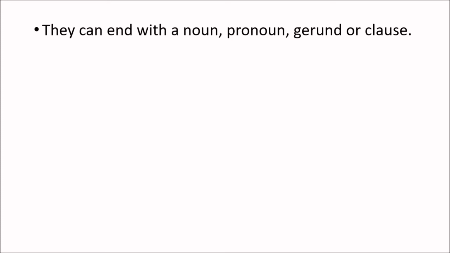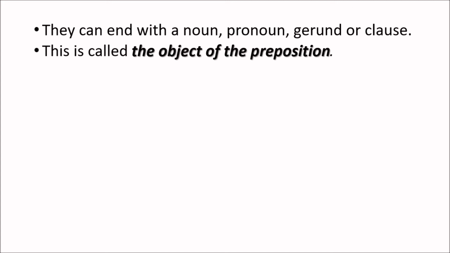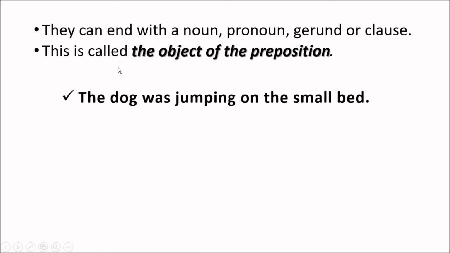Now, they can end with a noun, pronoun, gerund, or a clause, and I'm going to show you some examples, right? And this noun, this pronoun, this gerund, or this clause is called the object of the preposition. Like in this one, the dog was jumping on the small bed, right? We know that on is our preposition, right? So what will be our object?